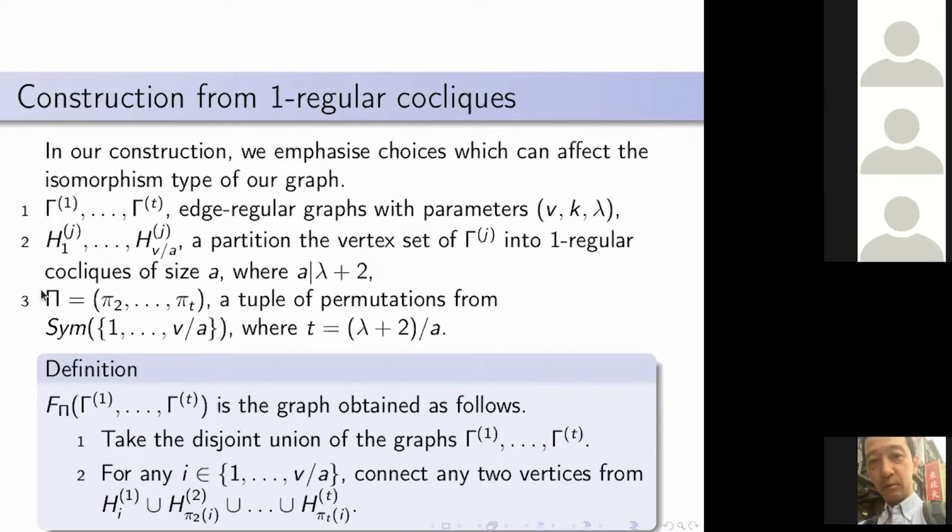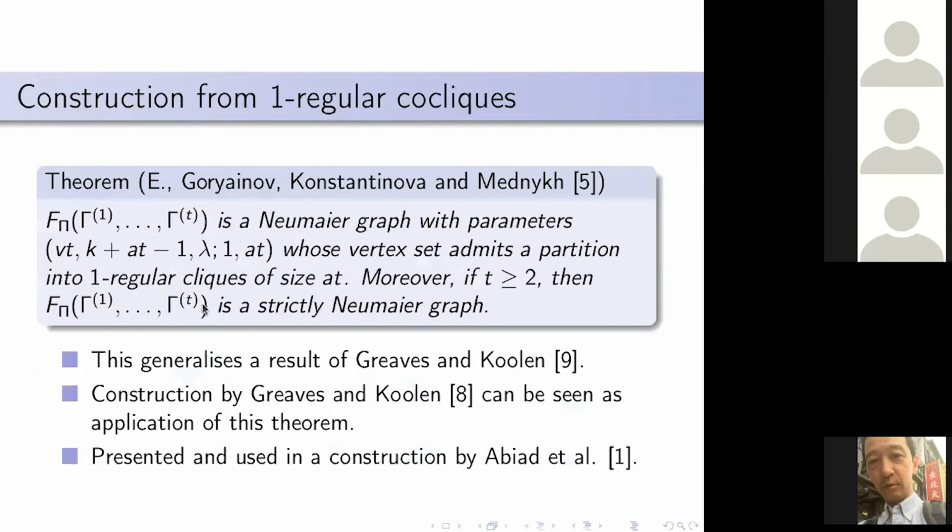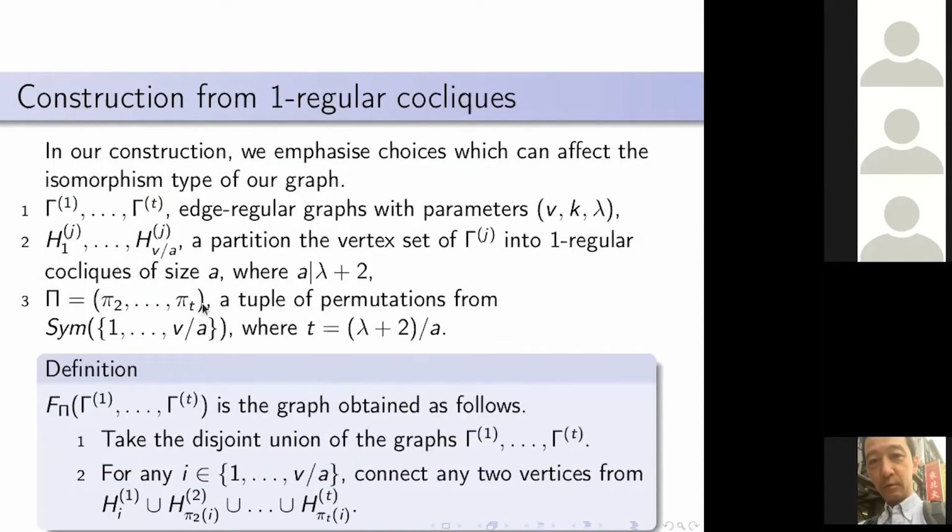emphasize possible non-isomorphic graphs is we show that we actually give the option of permuting which cocliques we stick together with edges, because this could possibly result in non-isomorphic graphs.